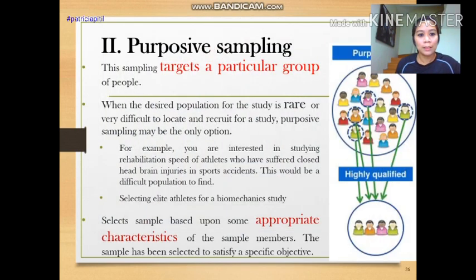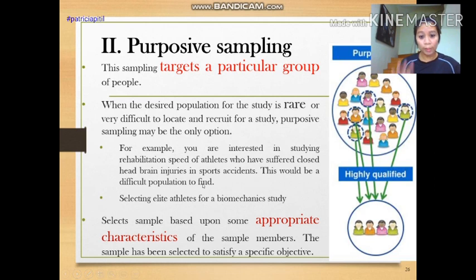Okay, right, the second one is purposive sampling. Okay, this targets a particular group of people, more specific to the characteristics of the subjects being recruited. When the desired population for the study is rare, depends on the topic, or very difficult to locate or recruit, purposive sampling may be the only option.